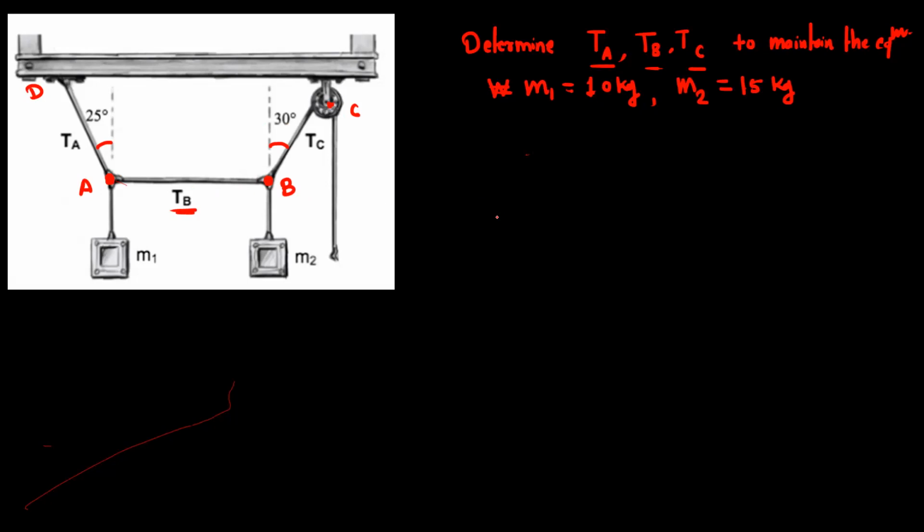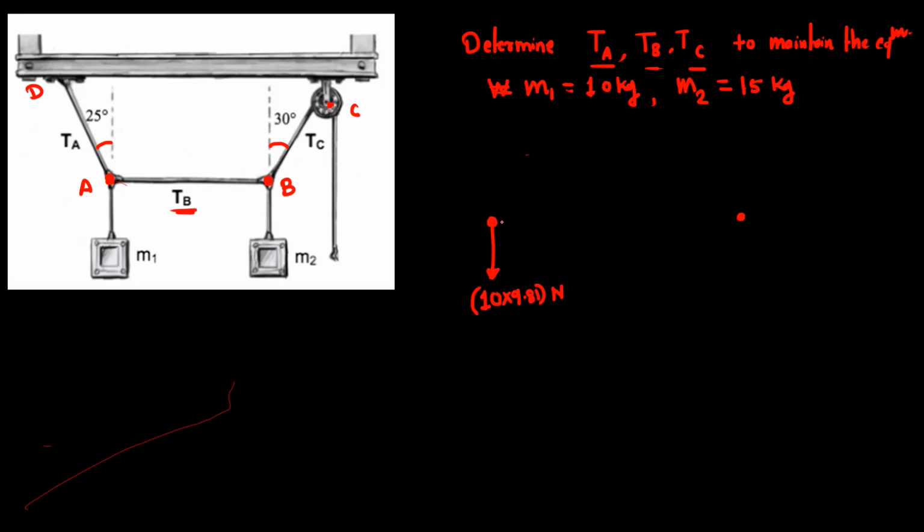So just draw the point A. At point A, the force is M1, which is 10 kg, so we have to convert this 10 kg into Newtons: 10 into 9.81. Then next is the tension in the cable AB.